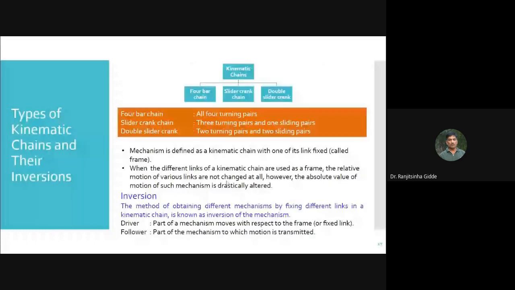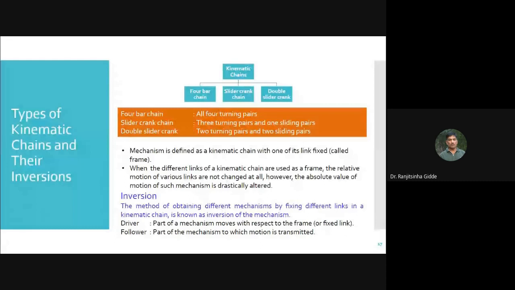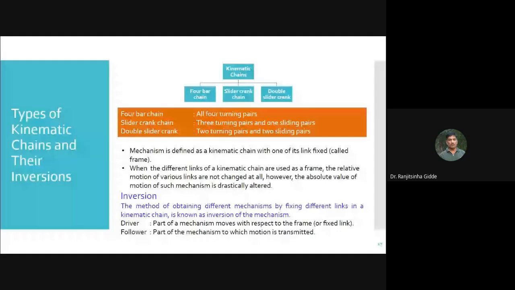Now how can these mechanisms be altered? Depending upon the application, when different links of the kinematic chain are used, such as frame, again if you are going to fix one of the links based on the application, the motion can be altered drastically.